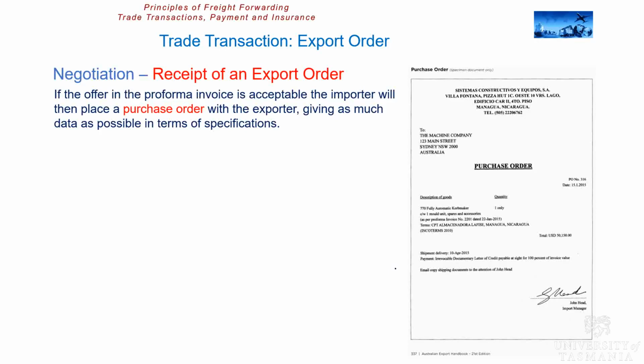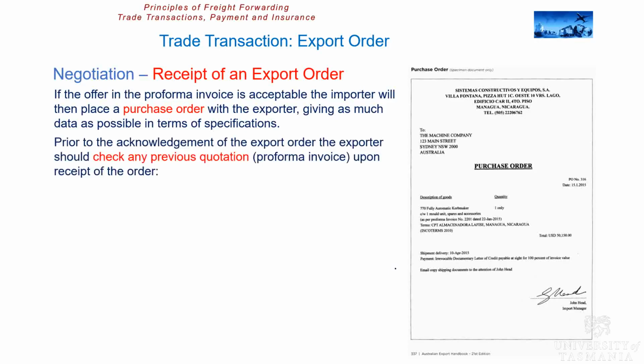So it's picking up all the information in regards to their negotiations to that particular point. Now, best practice for a seller or an exporter is to quickly respond to the potential buyer that they accept that purchase order.